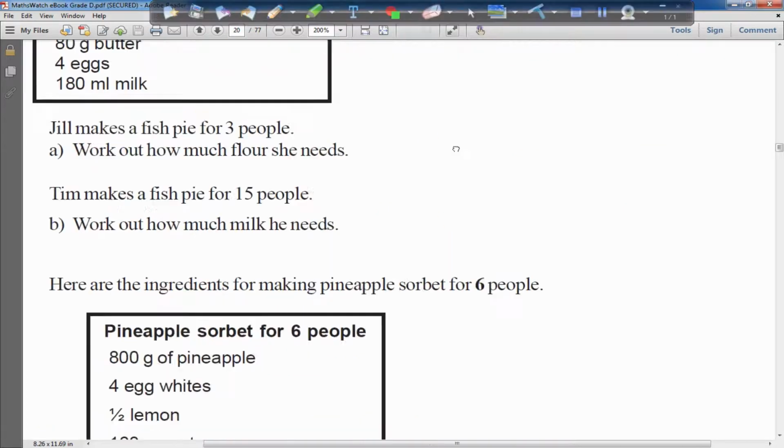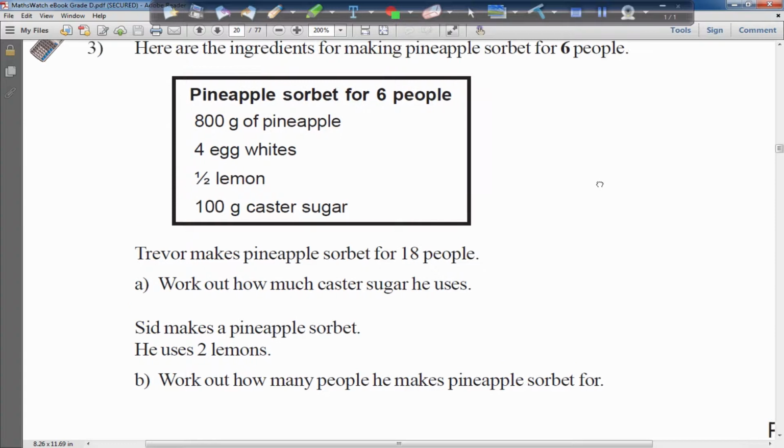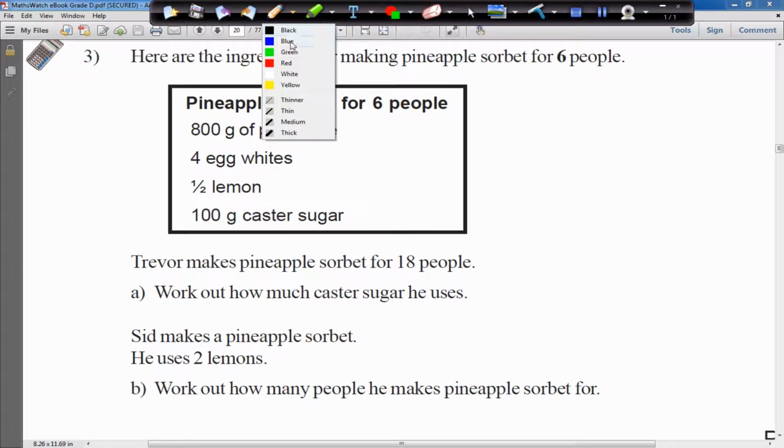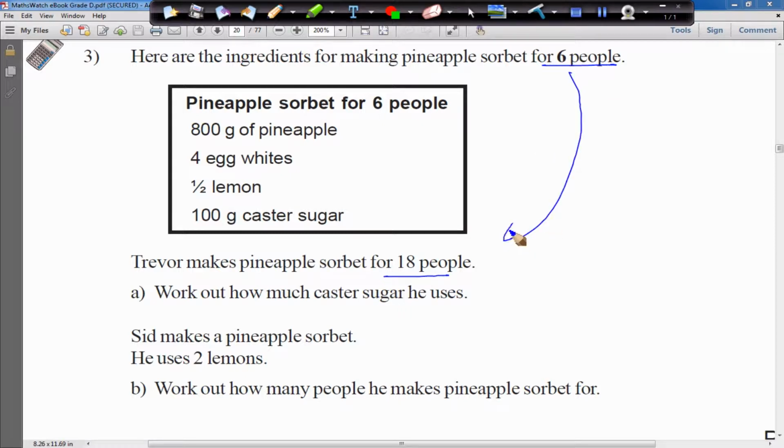Okay. Question number 3 here. Right. Here are the ingredients for making sorbet for 6 people. He wants to make it for 18 people. So how many times is it greater? It is 3 times greater.